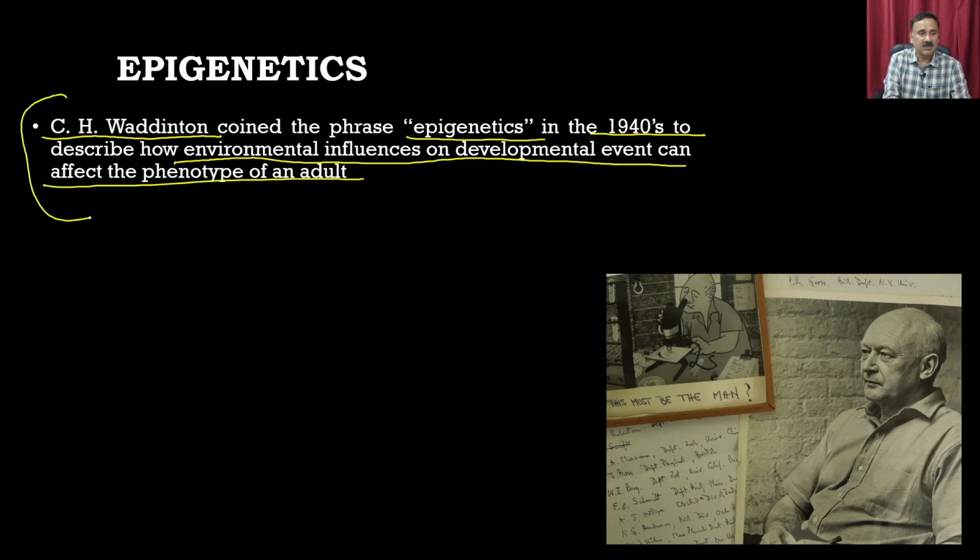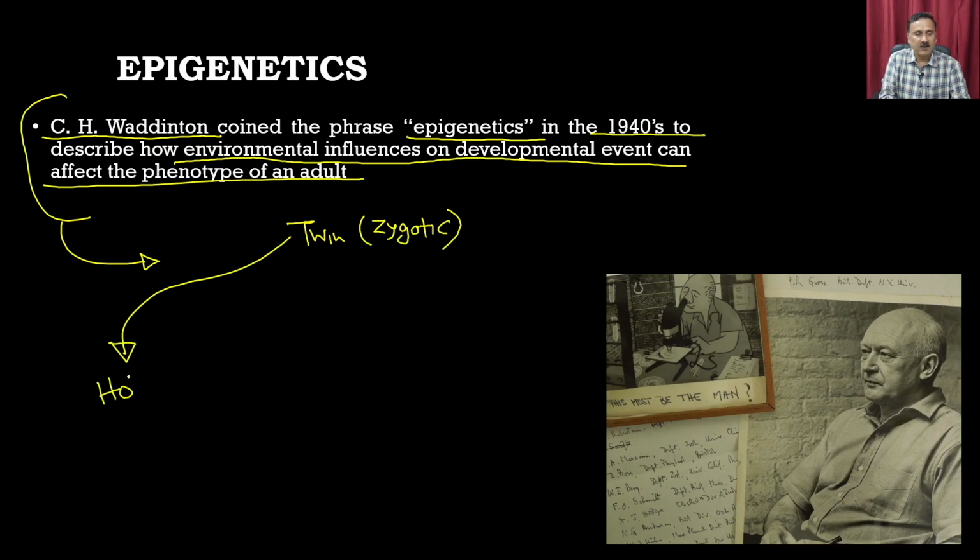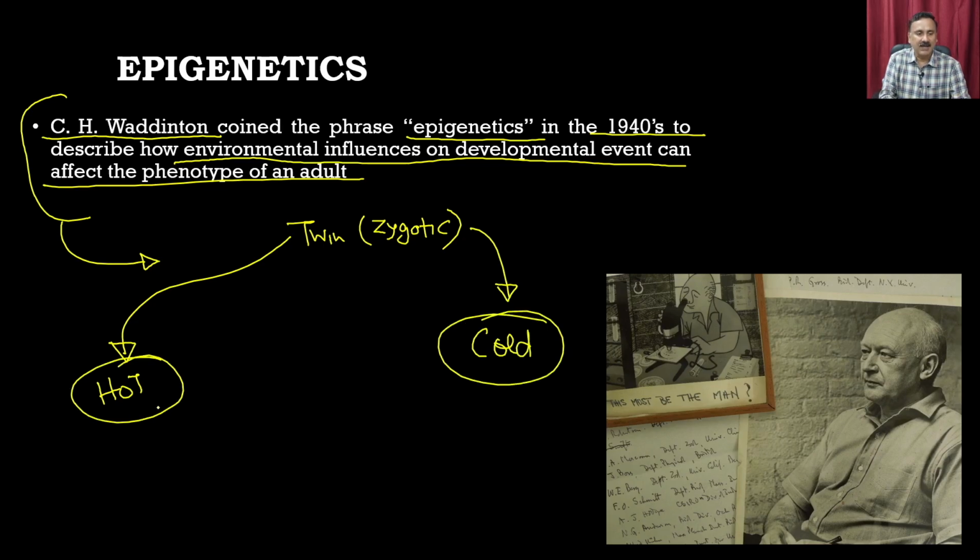This is a very interesting observation, and I have just given you an example. Suppose you have zygotic twins, not Siamese twins. If you keep one twin in hot weather and the other in cold weather, at the end they are going to be phenotypically different.